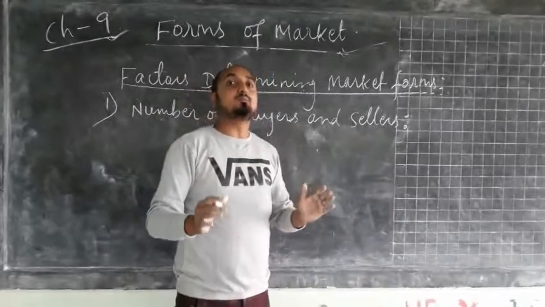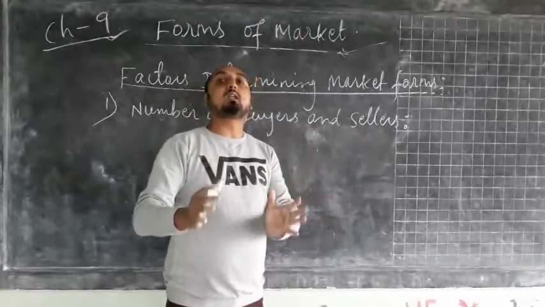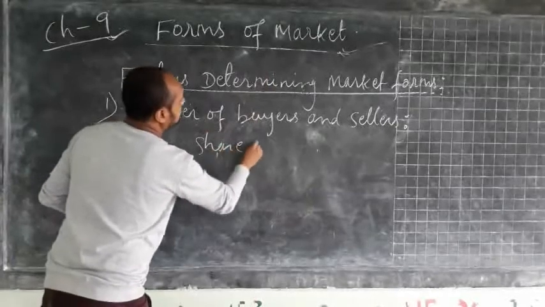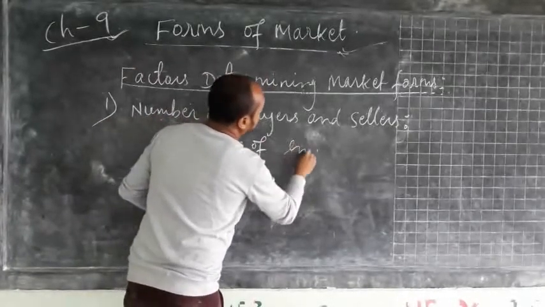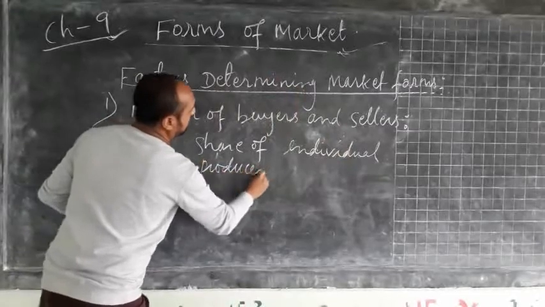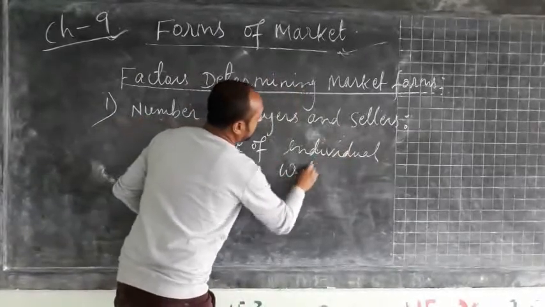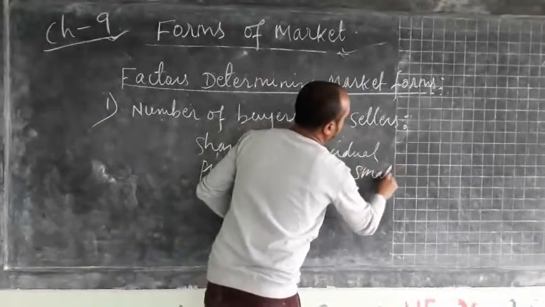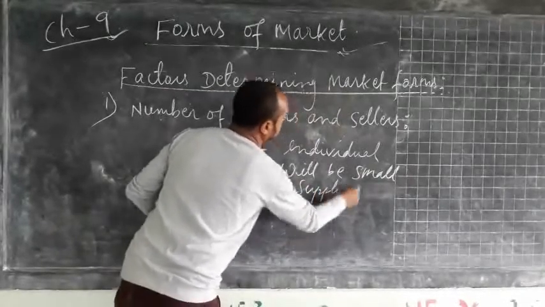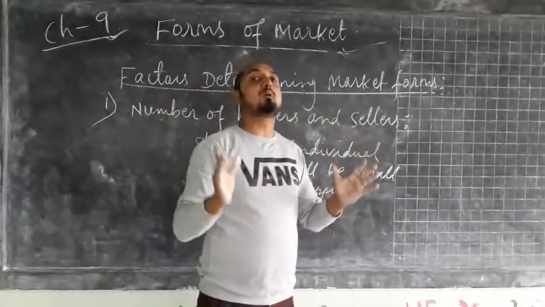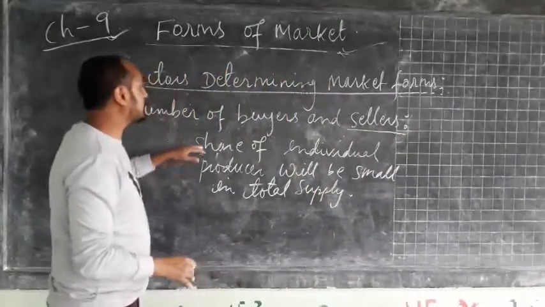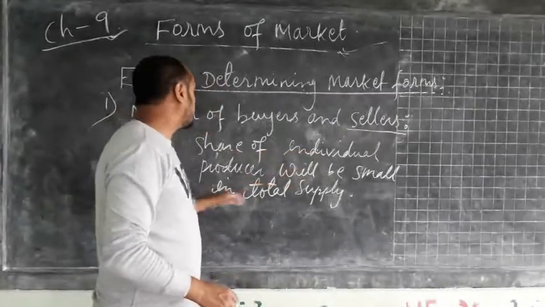Here we have to understand that if the number of buyers and sellers is very large, then the share of an individual producer will be small in the total supply.